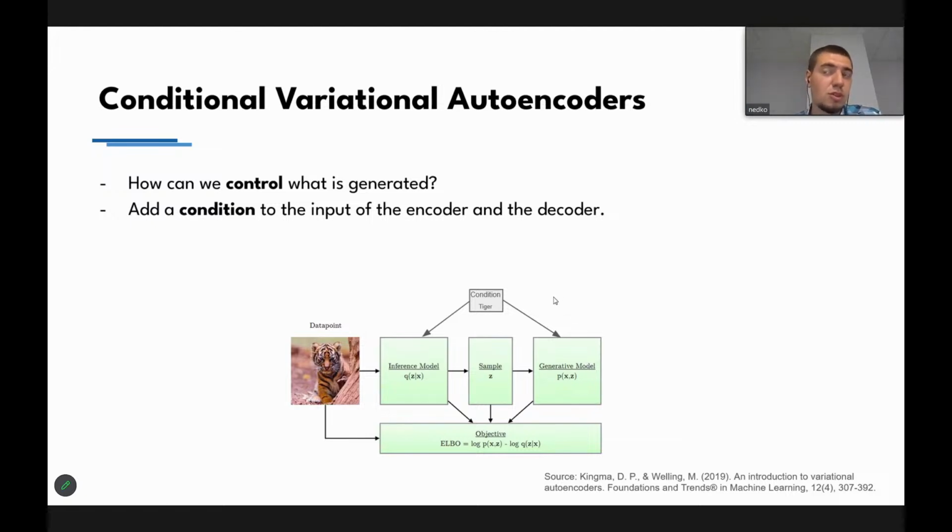There we gave it to the generator and the discriminator, and the logic is exactly the same here. I want to give it to the encoder so it knows to put it in a place in this space that it's learning that is related to this condition. And the decoder should know what the condition is, so it knows what to generate exactly, right? So this is the logic behind it.